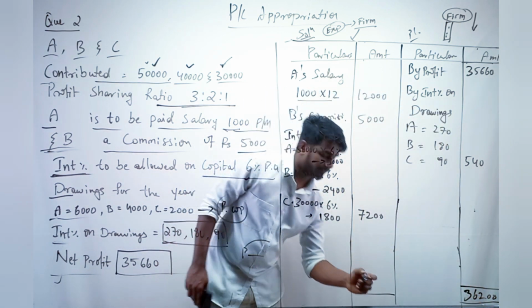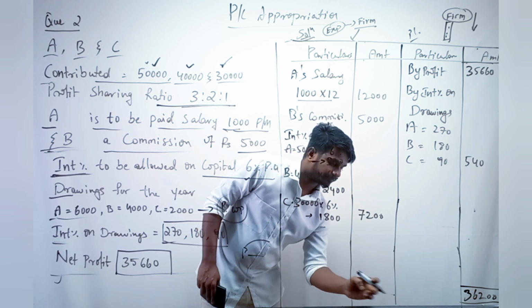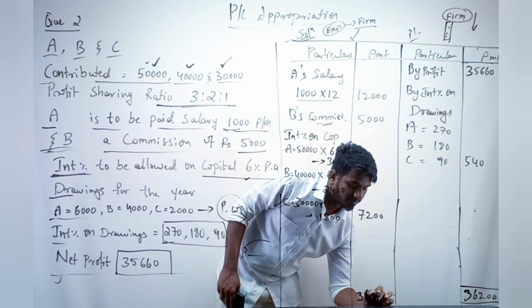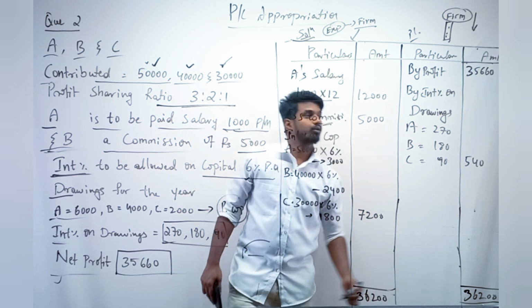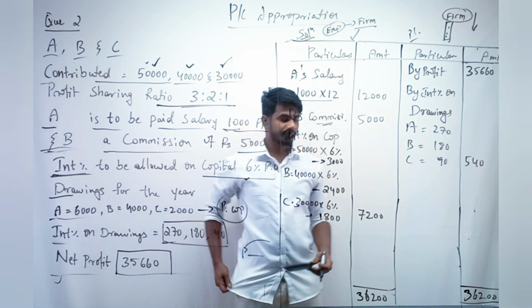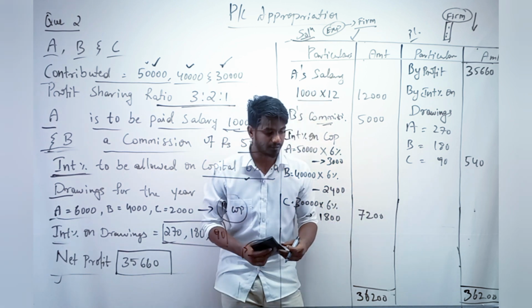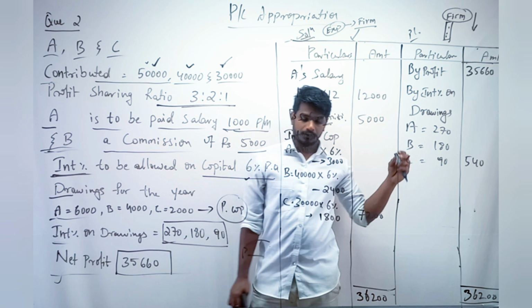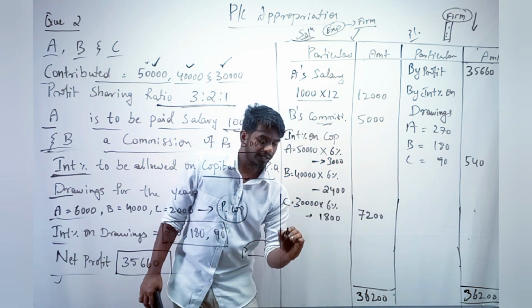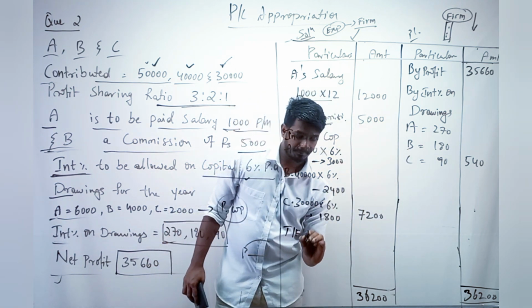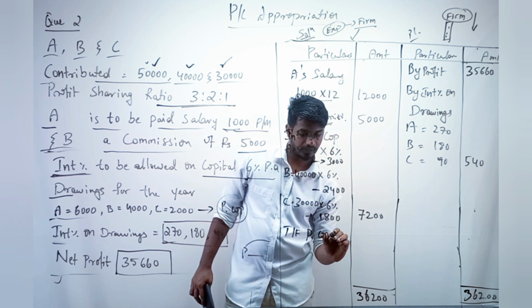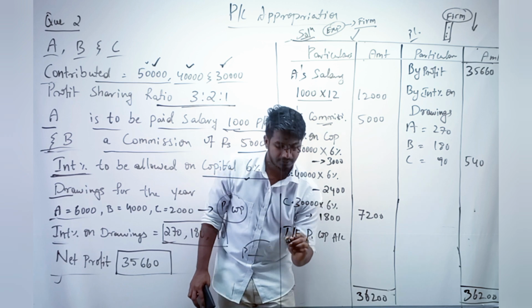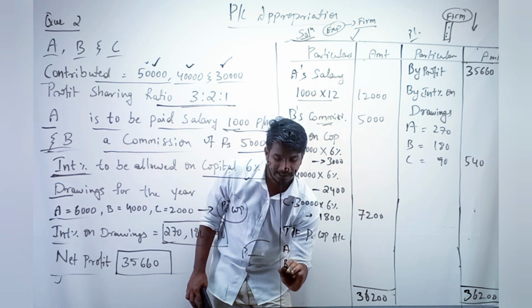The same total goes on the debit side. Next, we will transfer the balance to the partners' capital accounts A, B and C.